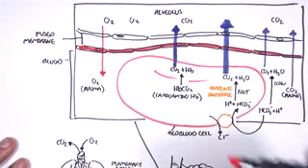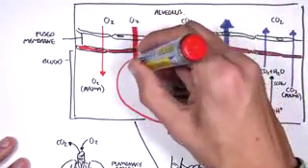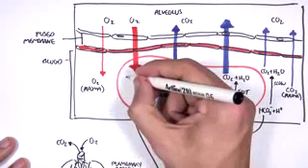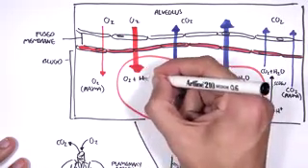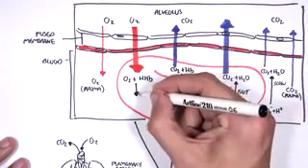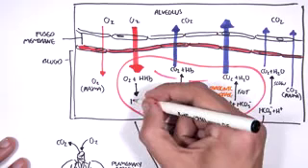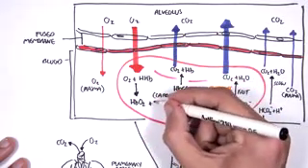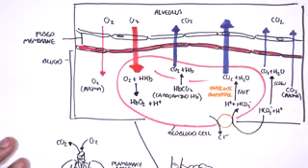A small amount of oxygen will be transported in plasma, it just enters the plasma. However, most of the oxygen will enter the red blood cell and then bind to hemoglobin, hydrogen-bound hemoglobin, and this will form your oxyhemoglobin.